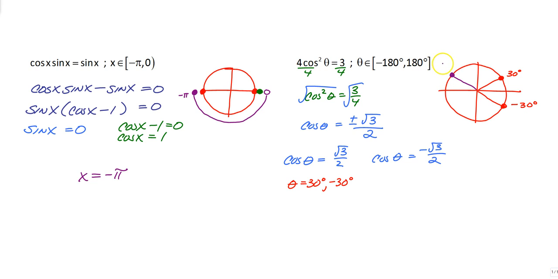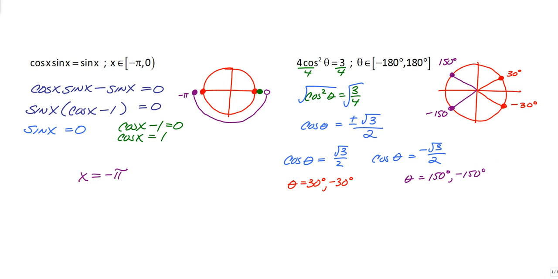And that is when we have a theta value of 30 degrees away from 180, so that's 150 degrees. But cosine is also negative down here in quadrant 3 as well, which of course is a 30-degree reference angle past 180, giving us 210, but 210 is too big, so now we have to go from the negative direction, and we get negative 150 degrees.